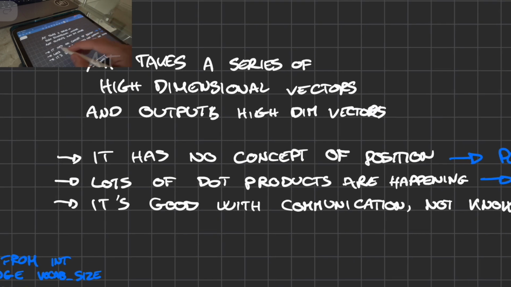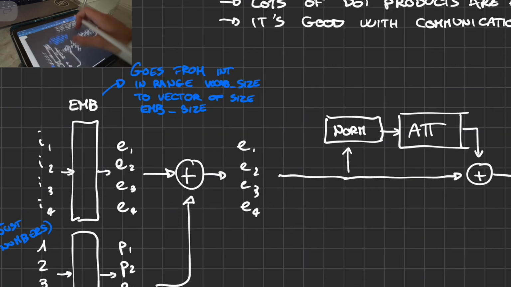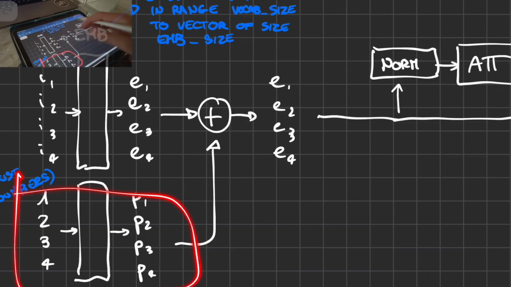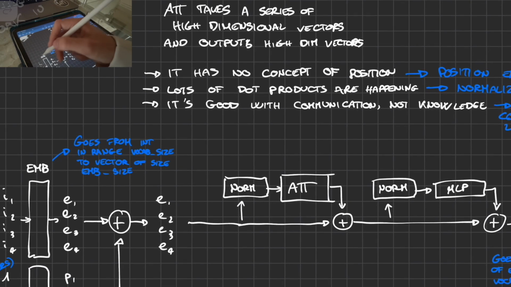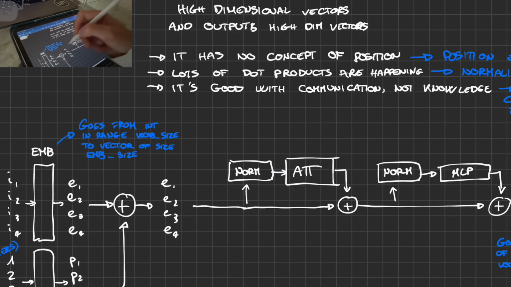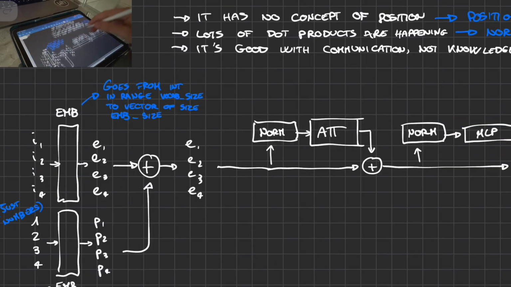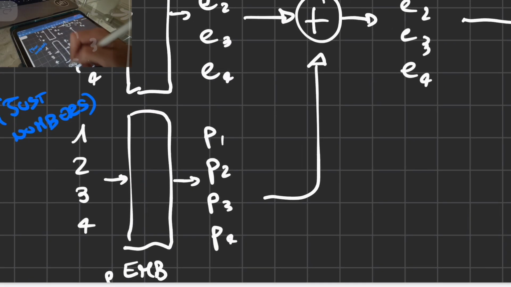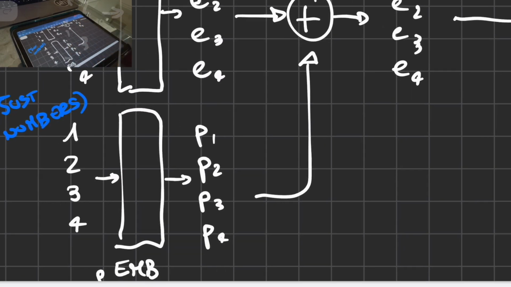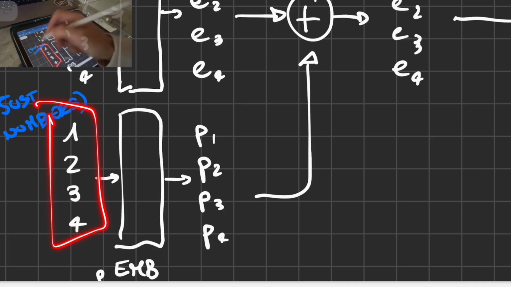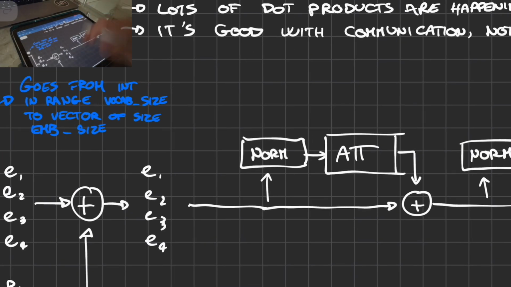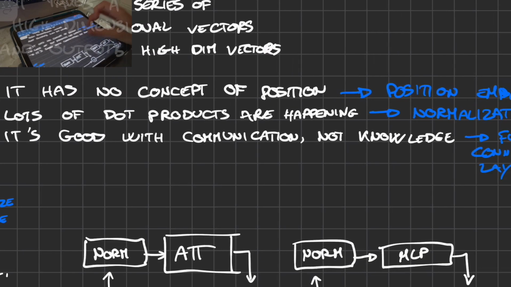What problems attention has, so no concept of position, which we solve with the positional embeddings here, which are added to the normal embeddings to make sure that they know where they stand in the sequence. And we just use another set of embeddings that is applied to numbers from 1 to the n number of the sequence, which is very simple.